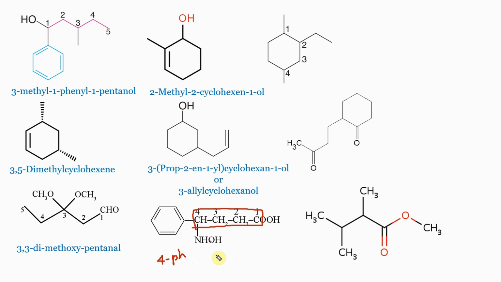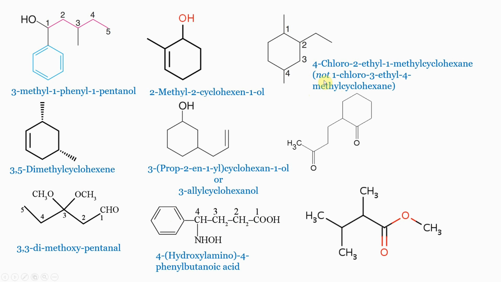If it is NH2, it is amine. But OH is present, hydroxylamine. Okay, so how do you name it then? Let's erase this off. At 4, hydroxylamino, instead of amino, hydroxylamino, 4-phenyl butanoic acid.